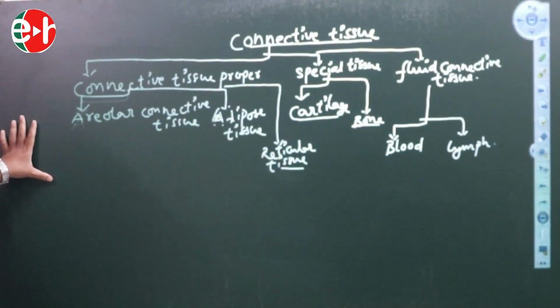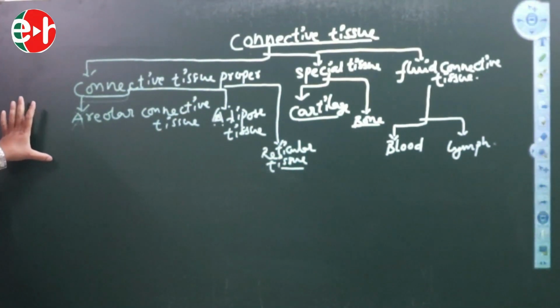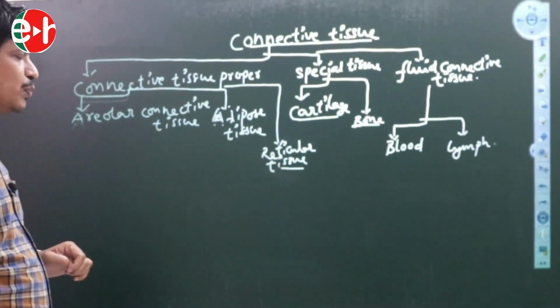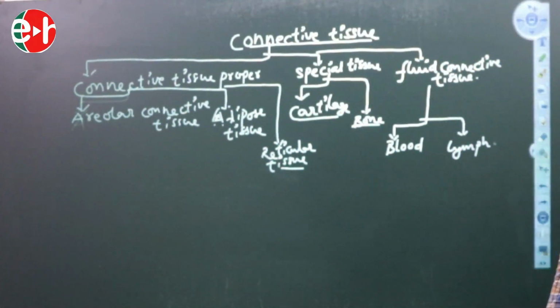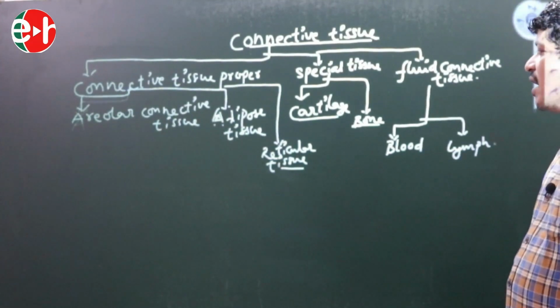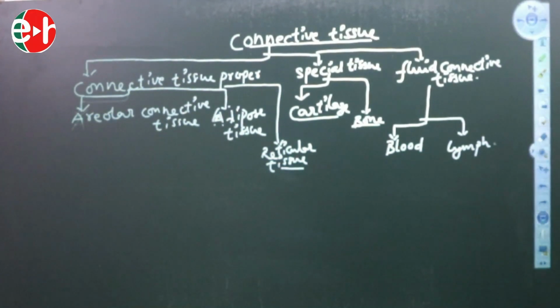This is the mind map of the connective tissue: connective tissue proper, special tissue and fluid connective tissue. The connective tissue proper consists of areolar connective tissue, adipose tissue, and reticular tissue. The special tissues are cartilage and bone, and the fluid connective tissues are blood and lymph.